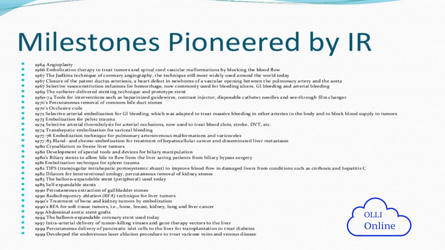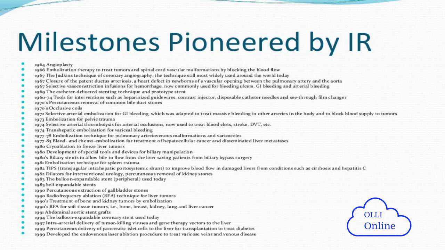So here are some major milestones in interventional radiology. Let me just highlight some of the major ones. The first embolization for pelvic trauma was 1973. The first idea for treating tumors with thermal ablation was 1980.